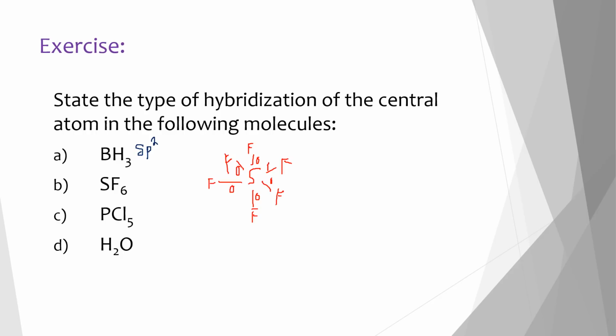For the configuration of sulfur, you will have 3s2, 3p4. So draw the unhybridized state first. In the unhybridized state, you will have 3s and 3p.